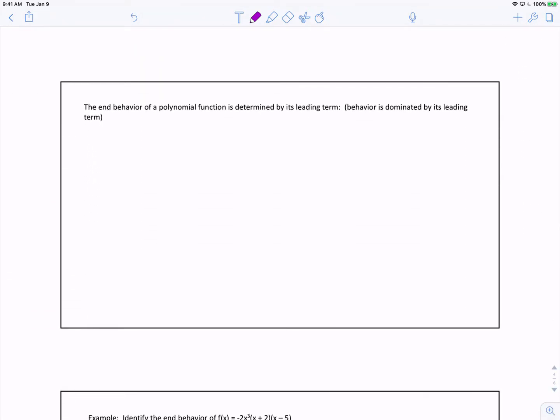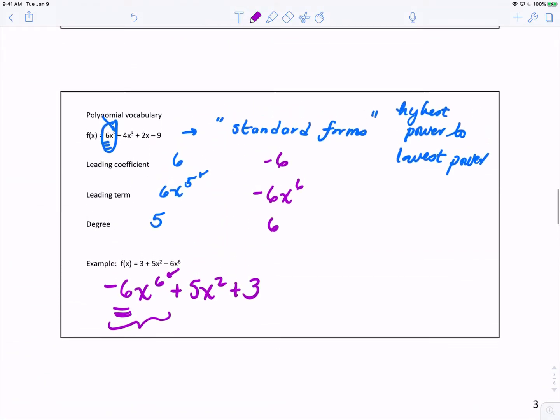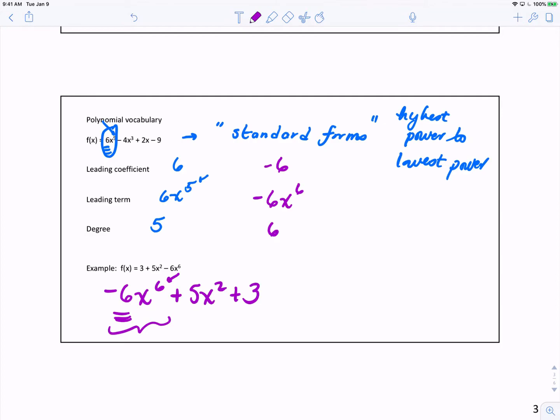The end behavior of polynomial functions is determined by its leading term. Another way of saying that, you'll often hear it said, the behavior is dominated by its leading term. So for example, if we come back and look at these two polynomials on our previous slide, we can talk about the end behavior of each one.